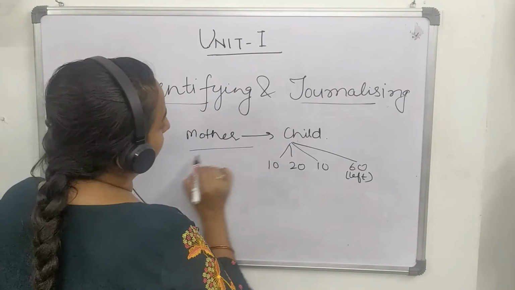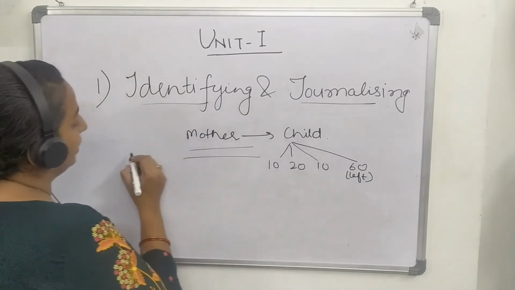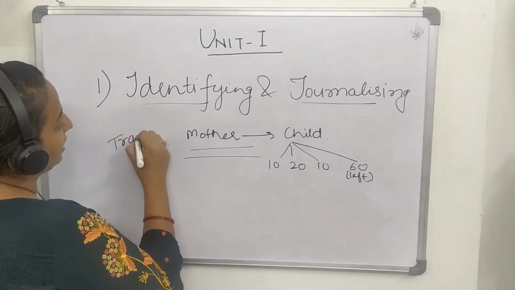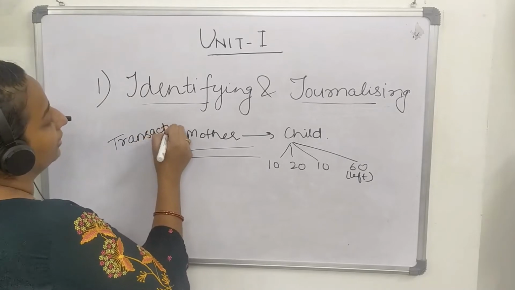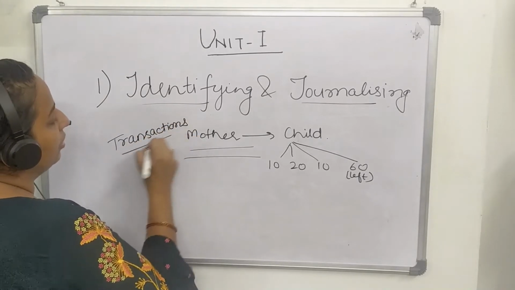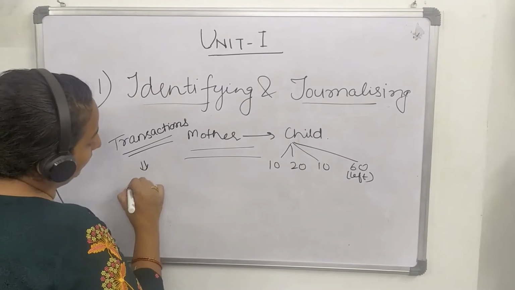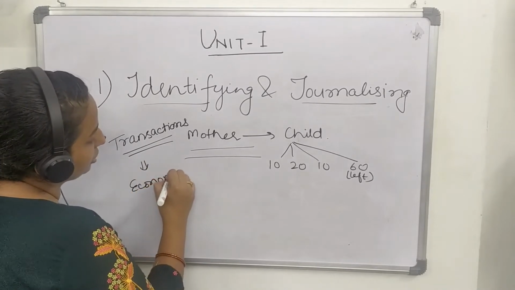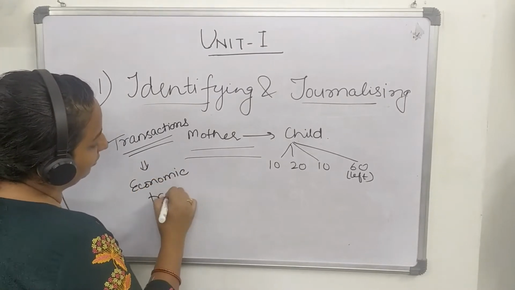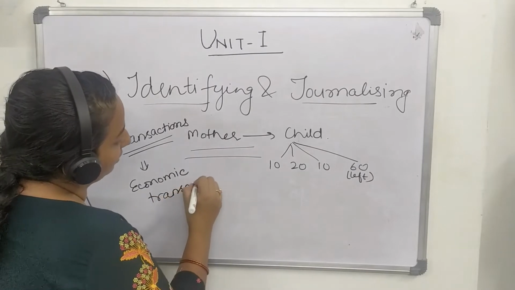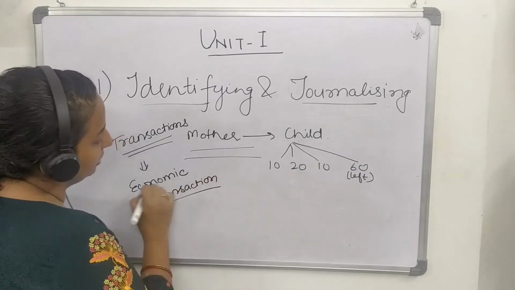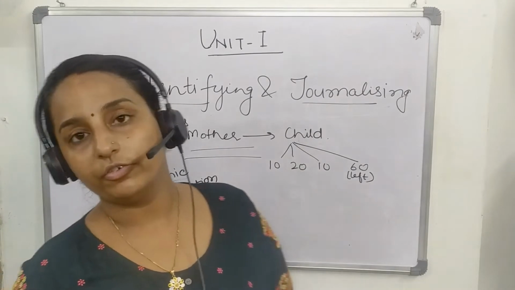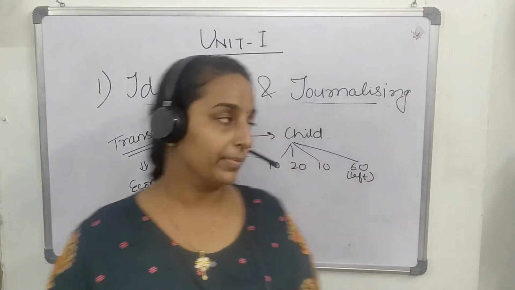Here, firstly, we need to identify what are the transactions that need to be recorded. That means, what are the economic transactions that will have an effect over the decisions in an organization.